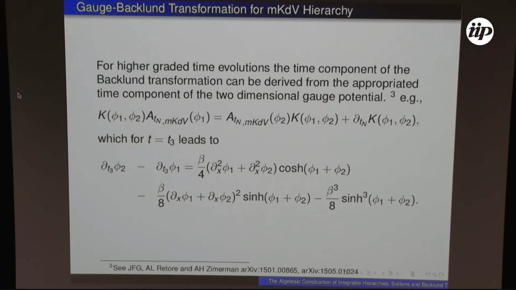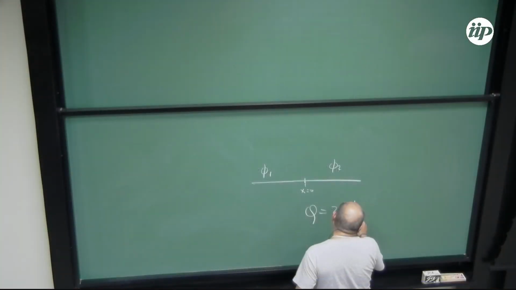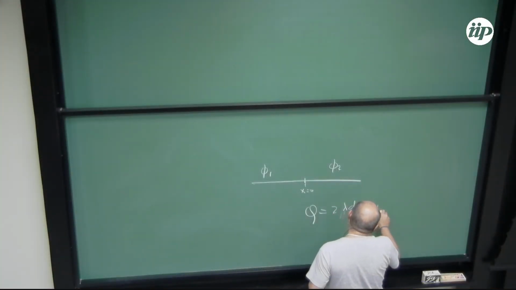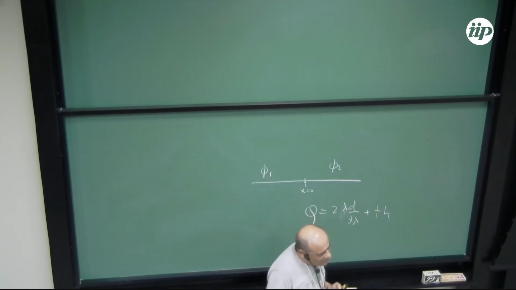One thing that I didn't mention: I used the mkdV hierarchy as an example. I have used that gradation, 2 lambda d/d lambda plus 1/2 of h. But you can use a different gradation.